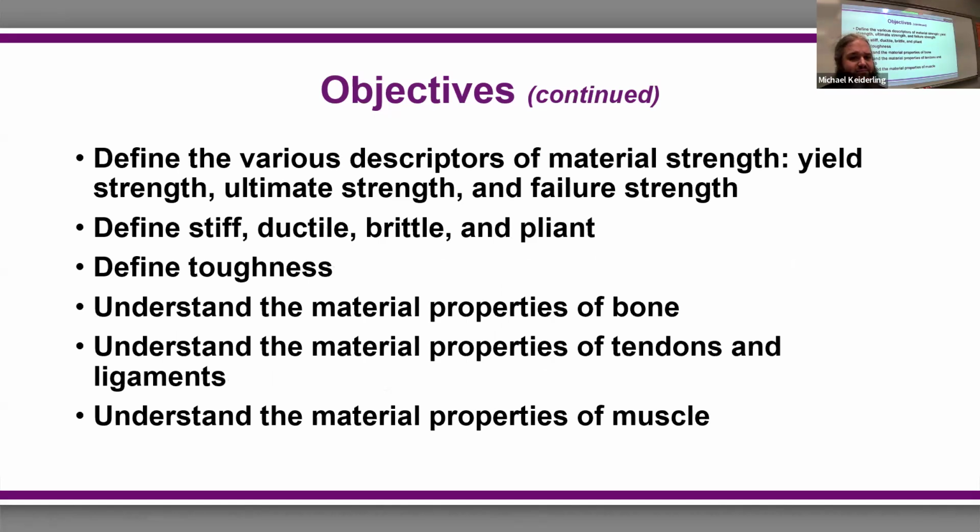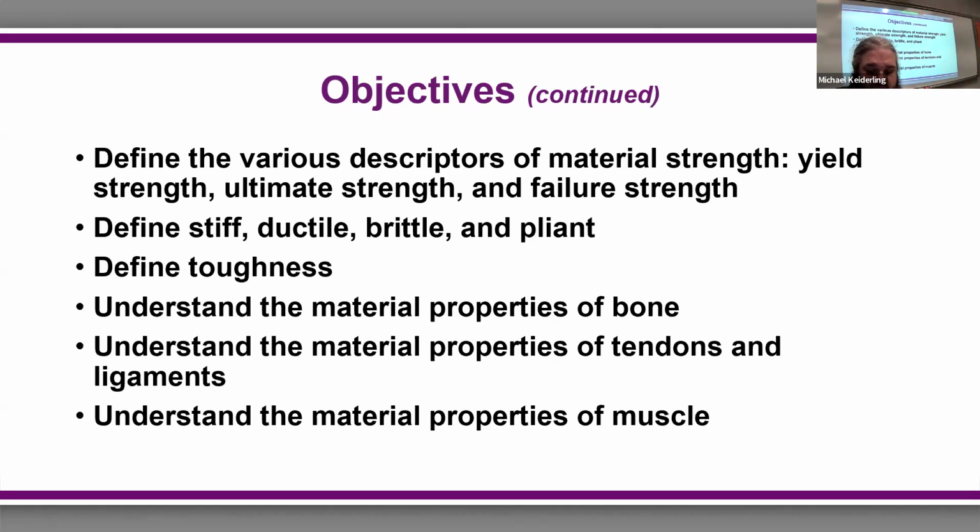We'll define the concepts of stiff, ductile, brittle, and pliant. We'll go over what toughness is. We'll look at the material properties of bones, tendons and ligaments, and muscles.